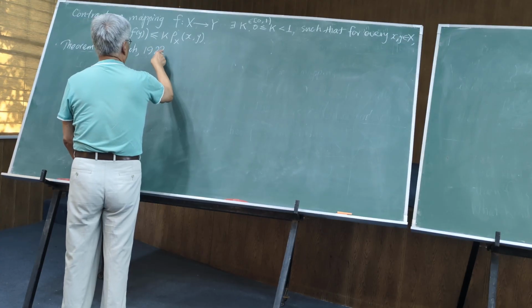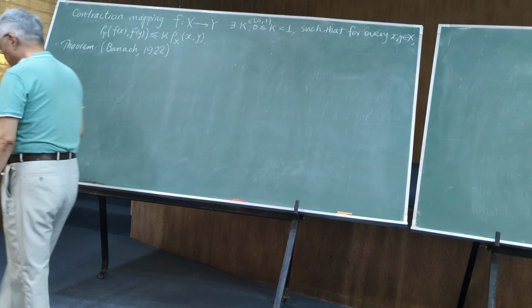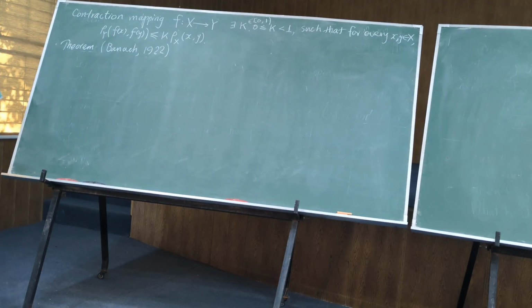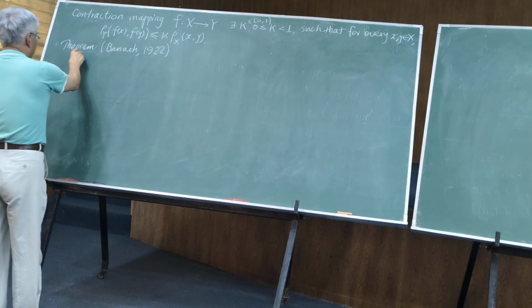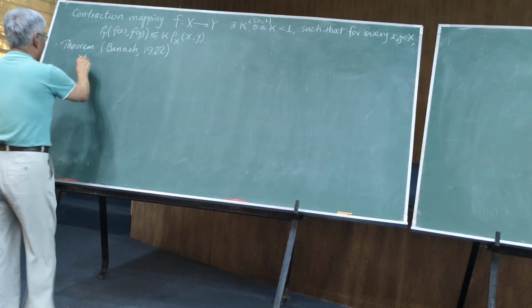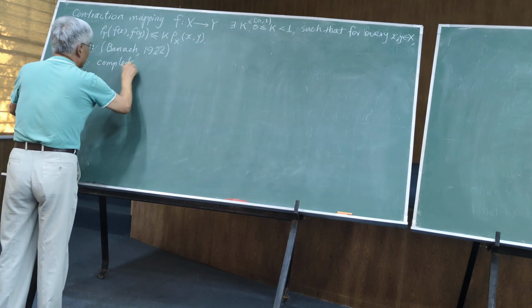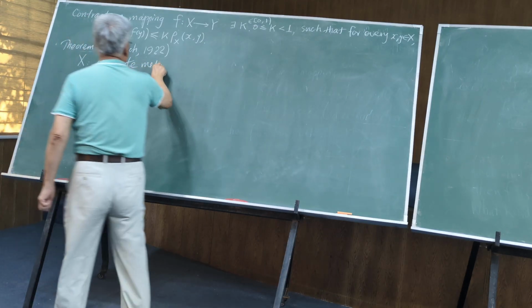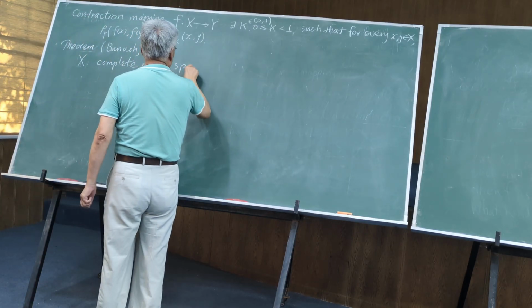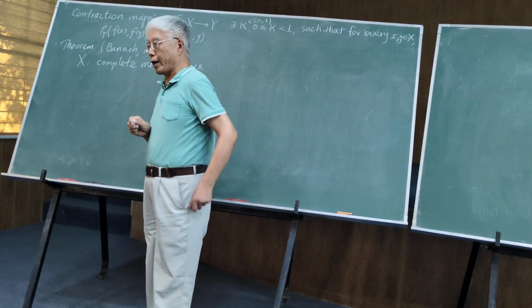Let me write this, probably one or two. This says that X is a complete metric space. I'm not going to state it like I tell you to, state it nicely. X, complete metric space. And you should really watch out which condition is applied where.